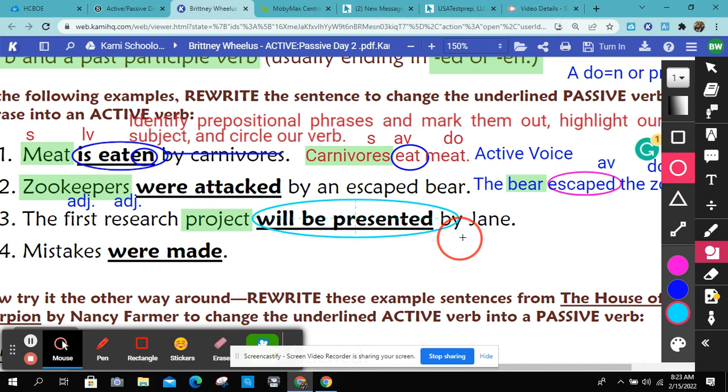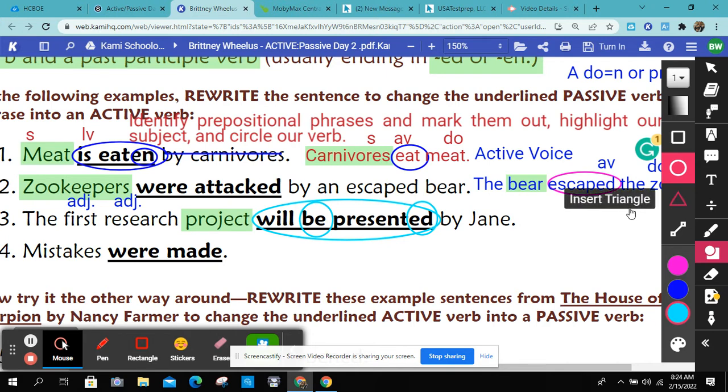Will be presented. Okay, does this have a be verb? Yes, be. Does it end in ed or en? Yes. Now, I need to change this to make Jane be the doer in the sentence. I need Jane to perform the action. How can I rewrite this sentence to make Jane be the doer?